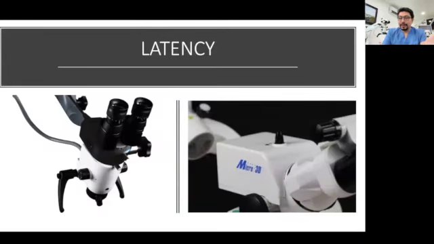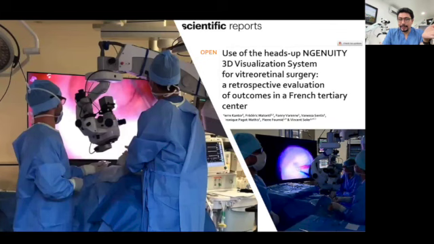Some attempts for the 3D microscopy failed because of the latency, and 3D technology is nothing new. It has been in medicine since a long time ago. The ophthalmologists have used 3D technology for a long time for doing surgery in the eyes.